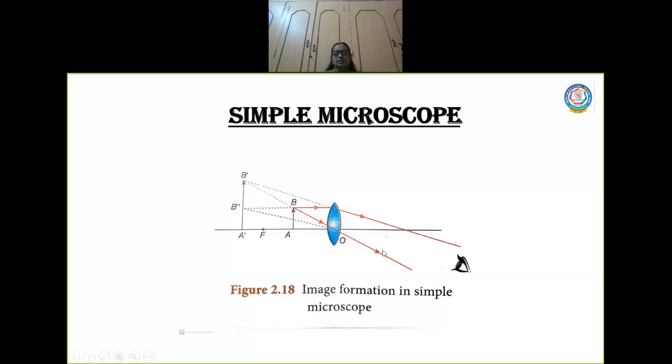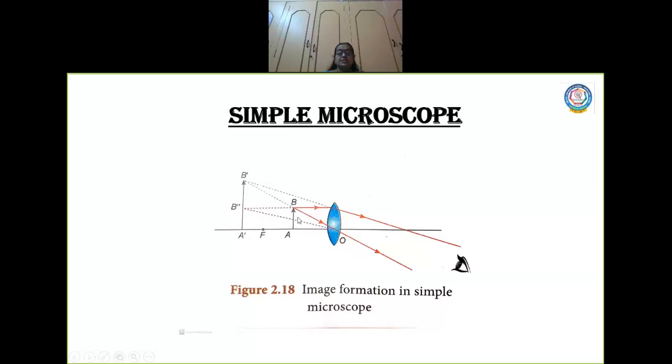When you extend these two rays backward, they appear to come from this place, which is considered to be the position of the image. Now this forms a virtual and erect image. The image formed will be on the same side of the object, at a distance equal to the least distance of distinct vision, that is 25 centimeter. So this is how the image will be formed.